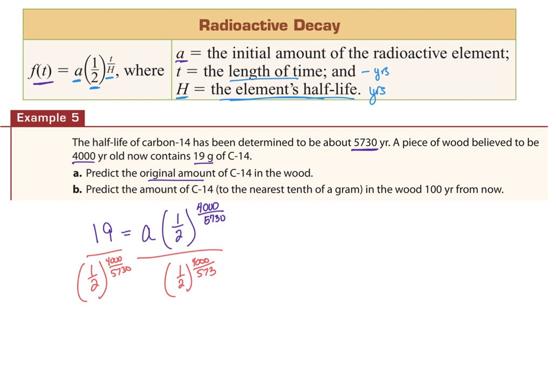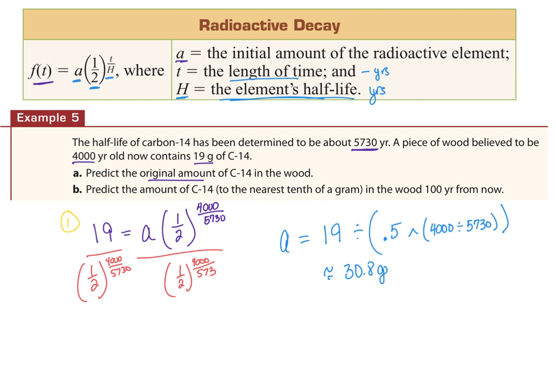So in your calculator, if you're solving for your initial amount here, you would say 19 divided by, and then you would open parentheses and use your half-life base, which is 0.5. Use your little exponent button, and then you do want to do an open parentheses here to do your division. Then close parentheses and close parentheses. And when you do all of that, you'll get that it initially had about 30.8 grams when it started. So that would be the first question here.